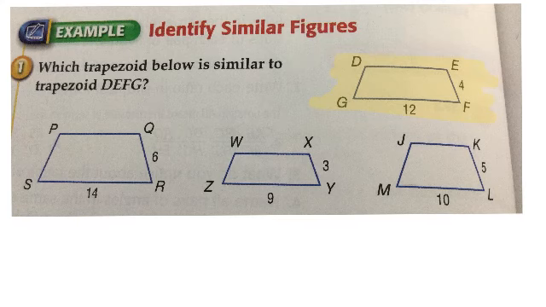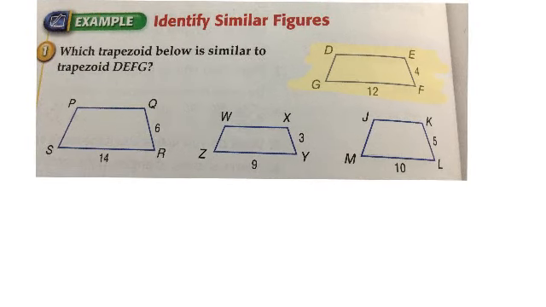Okay, so if I'm looking here, I'm going to set up my proportion as being EF. So let's first try this trapezoid here, PQRS. So which side goes along with or is corresponding to side EF?